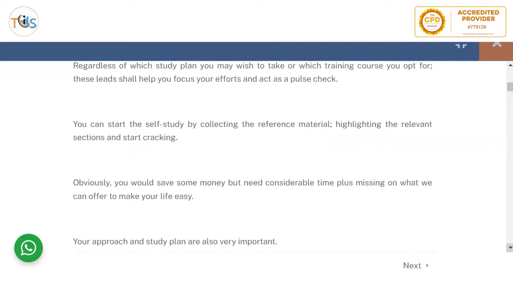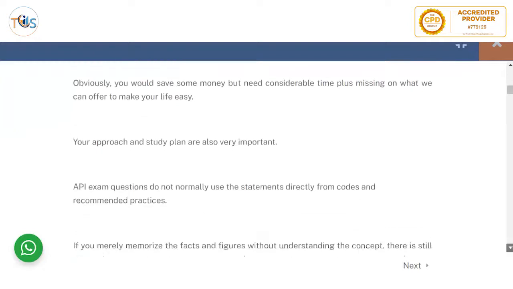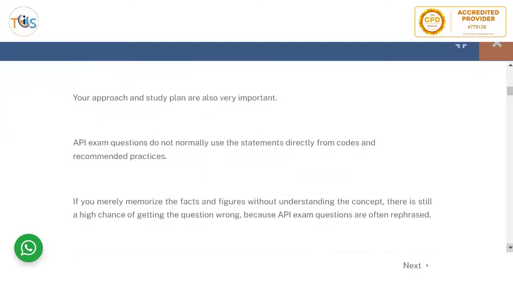And after getting this reference material, you highlight the relevant sections and start cracking. Obviously, you should save some money, but you need considerable time, plus you are missing out on what we can offer to make your life easier. Your approach and study plan is also very important.